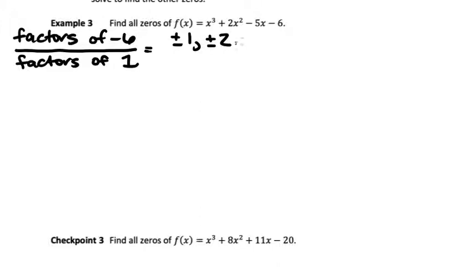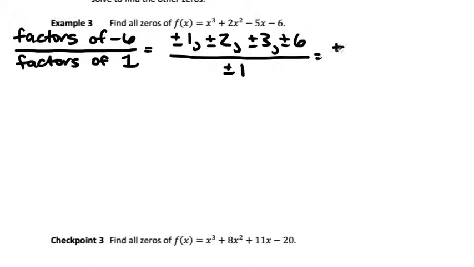And we put plus minus on each because they could be positive or negative. My factors of 1 are just plus and minus 1. So if I divide each of these, I get positive and -1, positive and -2, positive and -3, and positive and -6 as my possible rational zeros. So there are 8 possibilities.